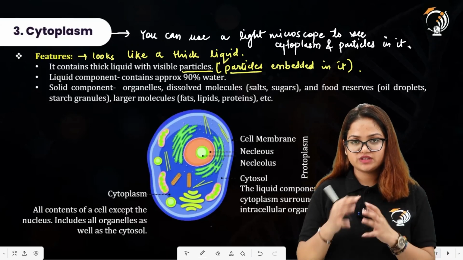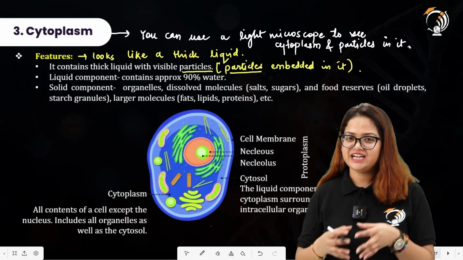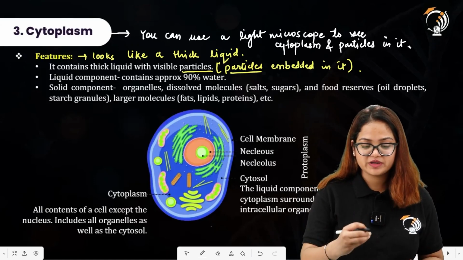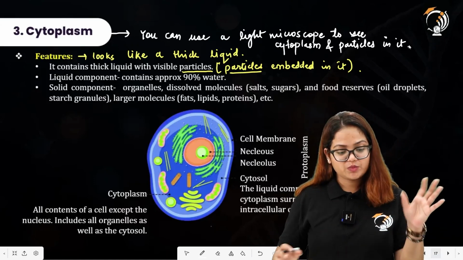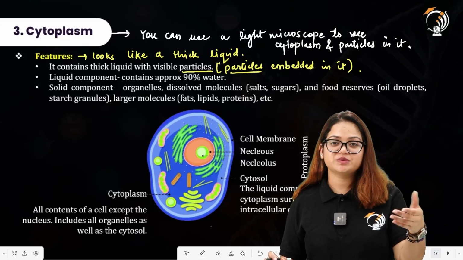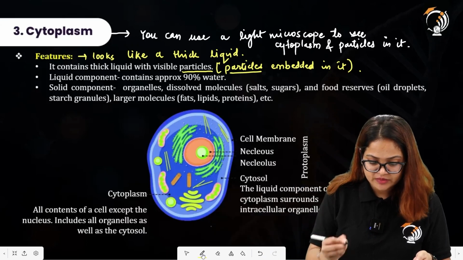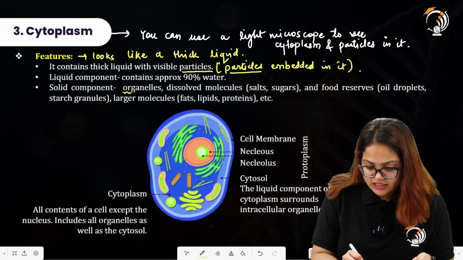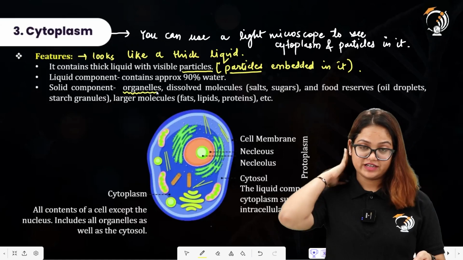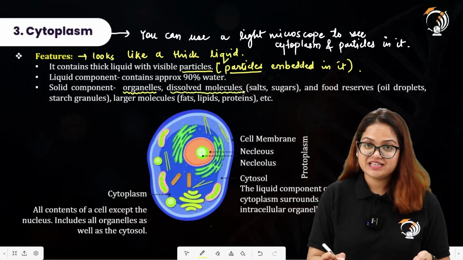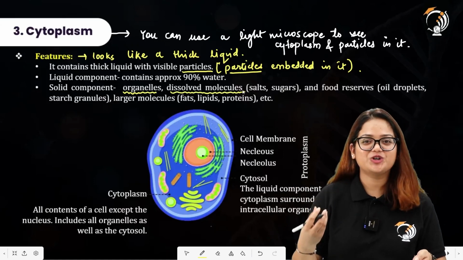We just took this data that 70% to 90% of the cell volume is the liquid component, and this liquid component is part of the cytoplasm. And what are the solid components, or the particles, present in the cytoplasm? These are organelles. We are going to study the cell organelles as well. Dissolved molecules are also present in the cytoplasm as solid components.